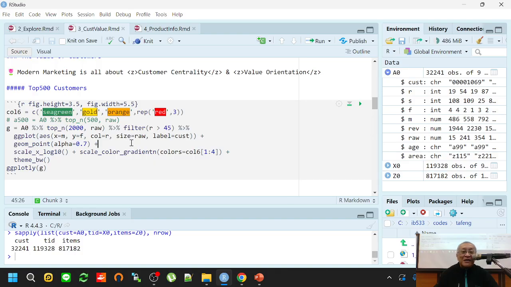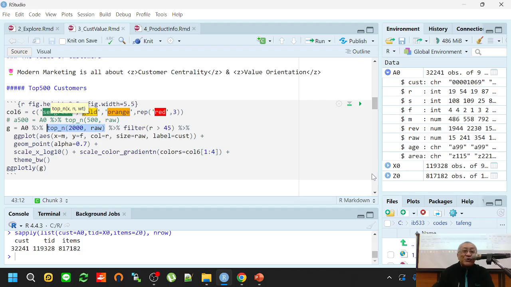And actually, I want to filter out the R that is larger than 45. These customers are important, because they are giving us the largest revenue contribution, isn't it? This R is actually raw profit contribution. It's the value.